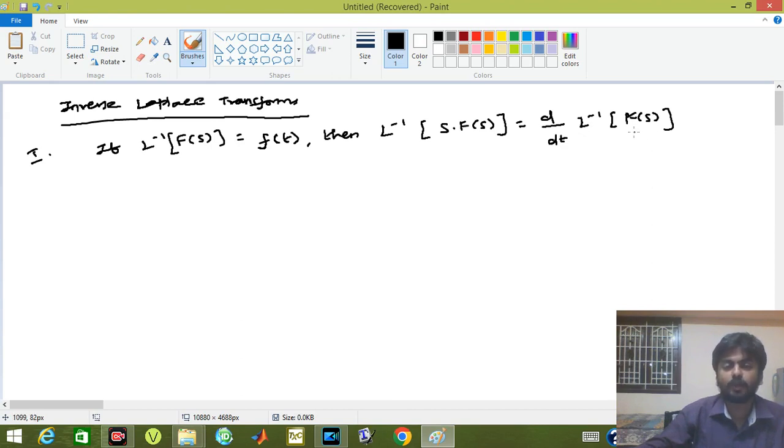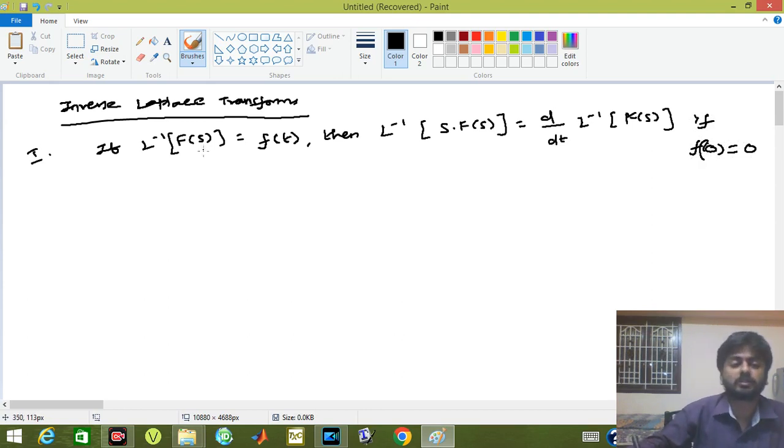Okay, here one important condition is this is possible if f of 0 equal to 0. If f of 0 equal to 0.